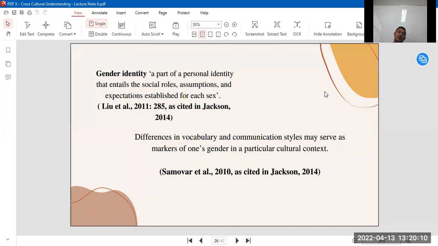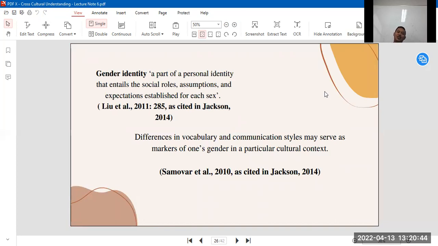Relations between wife and husband, and professions like nursing and engineering, frequently have multiple gender implications within a particular culture. This job is only for male, and this job is appropriate for female. Wife is for female, and husband is for male, something like that.